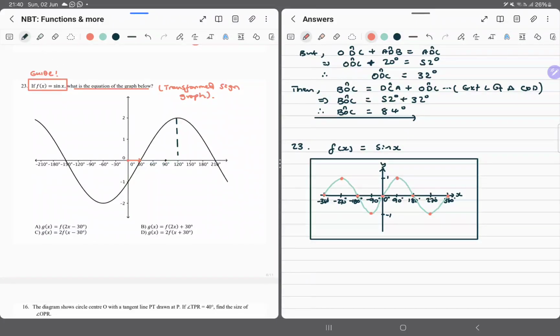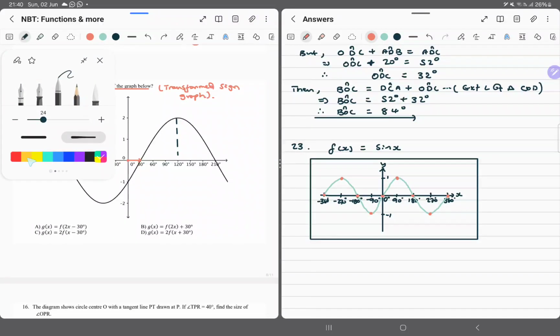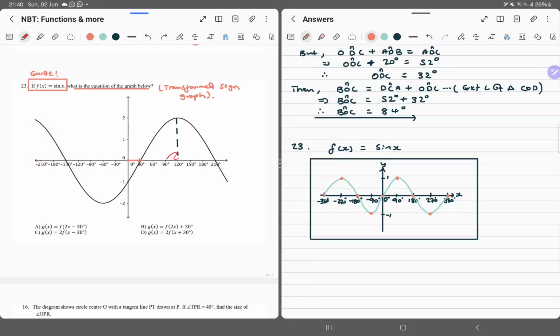So the maximum was supposed to be at 90, but now it has shifted to 120. Between 120 and 90, it's 30 degrees again. So we can see that the maximum shifted 30 degrees to the right. So we are convinced this is a shift to the right by 30 degrees of a standard sine graph.